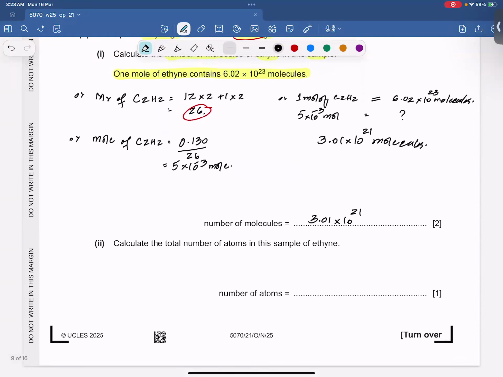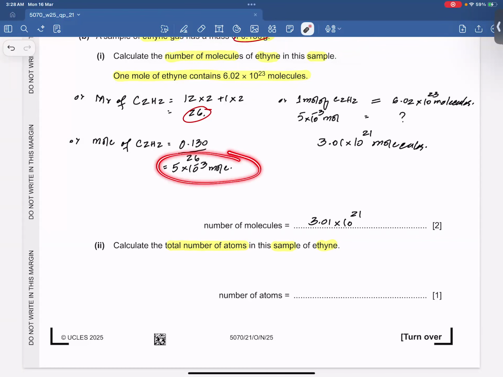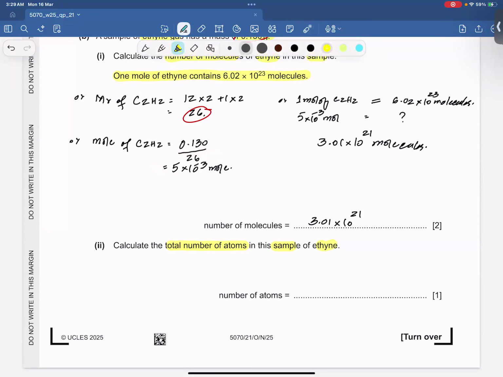Okay. Now examiner is looking for the total number of atoms in this sample of ethine. So we have this much moles of ethine. Ethine has total 4 atoms, 2 carbon and 2 hydrogen. So it has total number of atoms 4. Okay, let me give you an idea here.